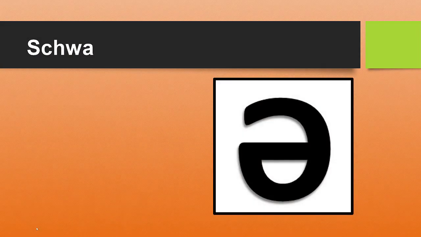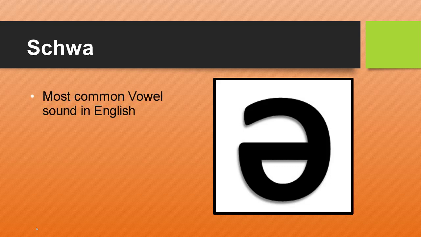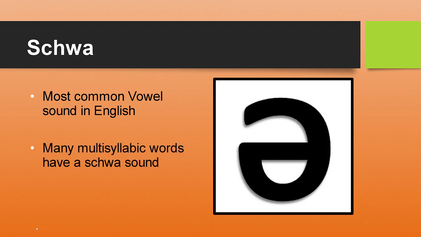Now, if we take a moment to look at schwa, schwa is the most common vowel sound in the English language. And many multisyllabic words have a schwa sound in them. And it's also considered a lazy vowel because it doesn't make a true vowel sound that's either short or long.